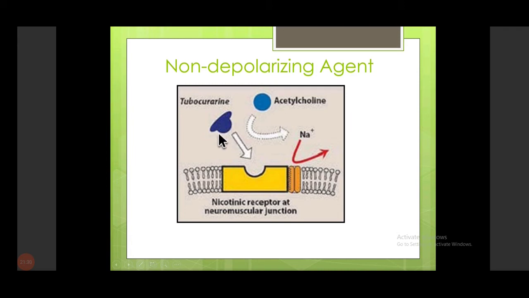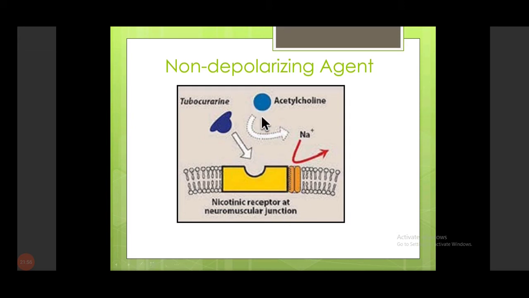An example is D-tubocurarine. As you can see, the shape of D-tubocurarine and acetylcholine is almost similar. So these can both compete for a binding site here, which is the nicotinic receptor at the neuromuscular junction. Whenever D-tubocurarine comes and sits at the neuromuscular junction, what happens is it would inhibit the channel opening.